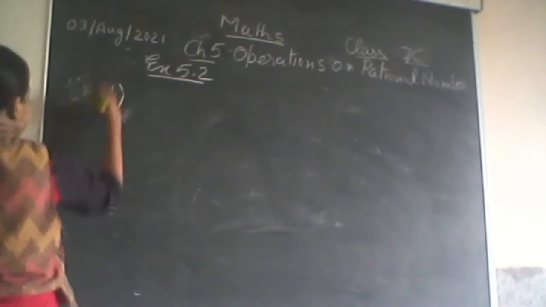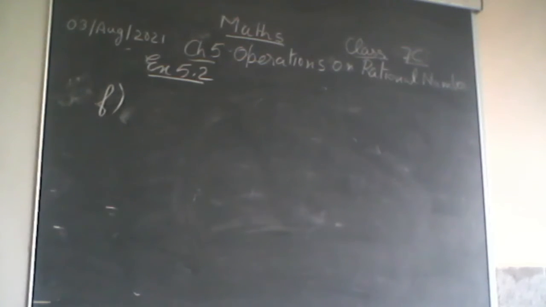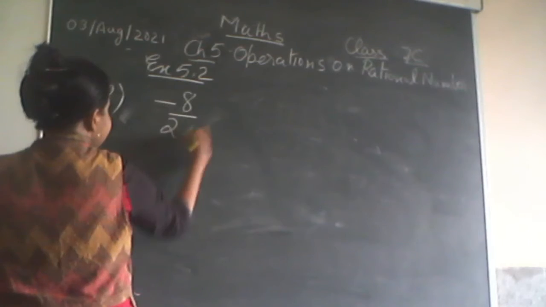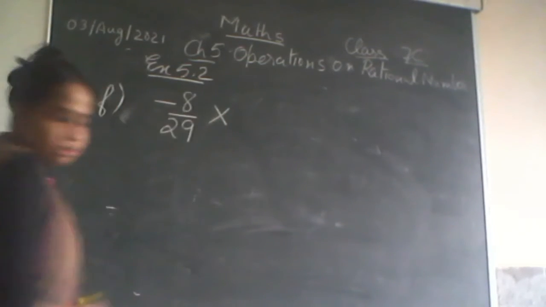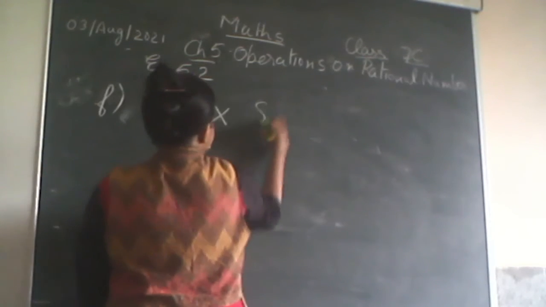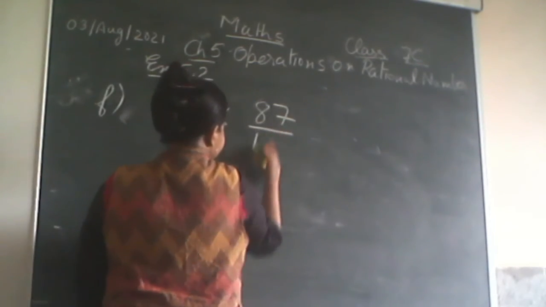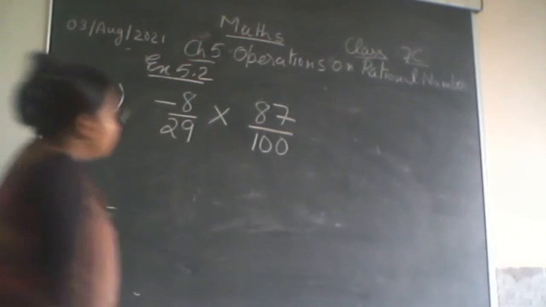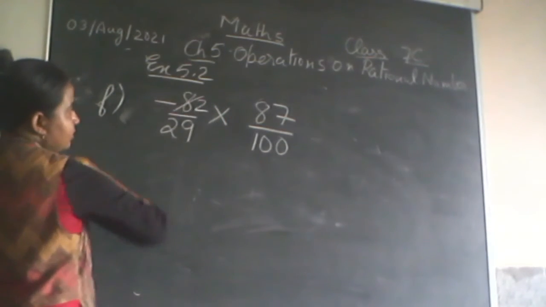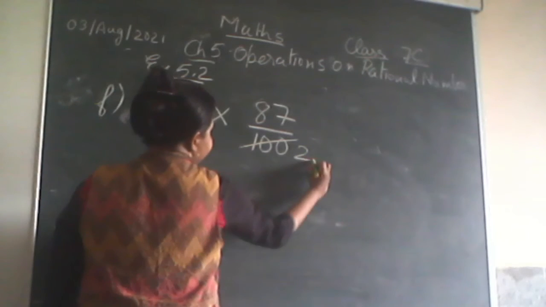Okay. So F. The question says minus 8 by 29 by 87 by 100. I am directly transforming the statement. 4 2s are 8. 4 25s are 100.